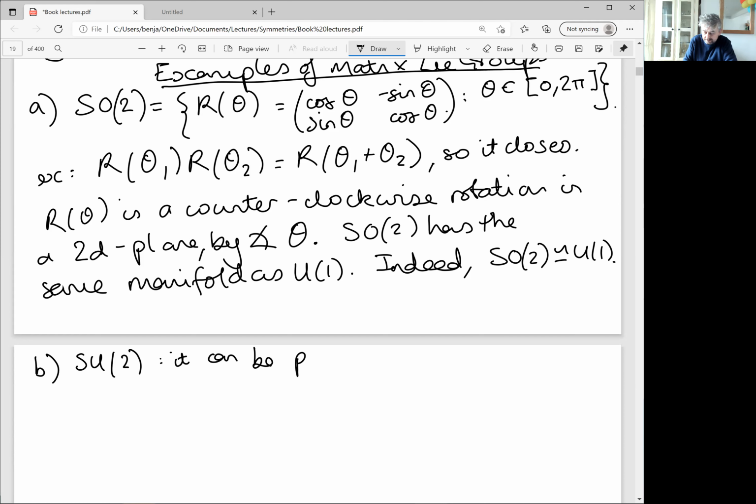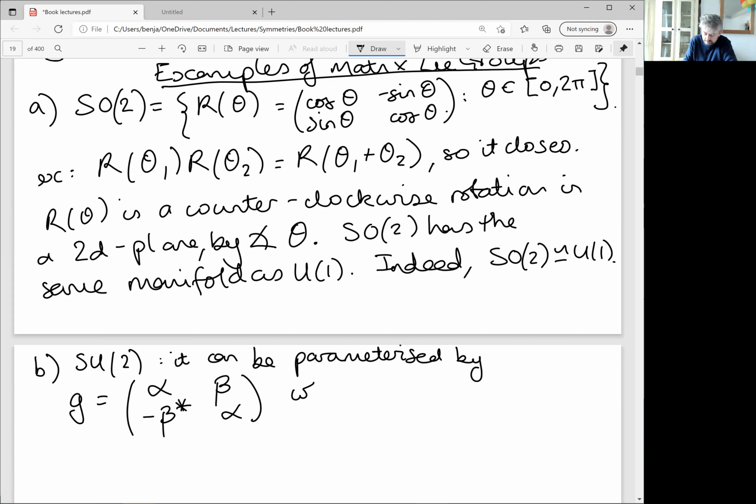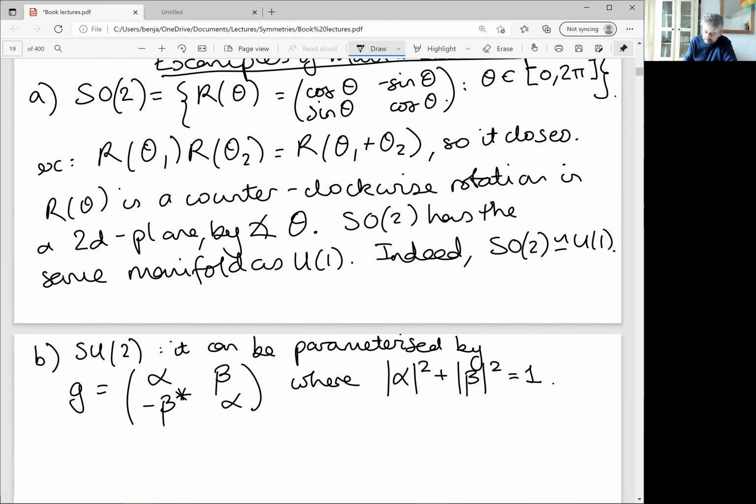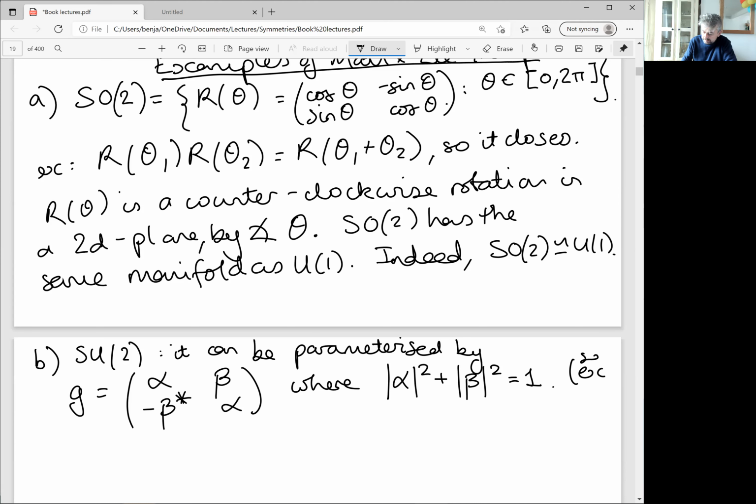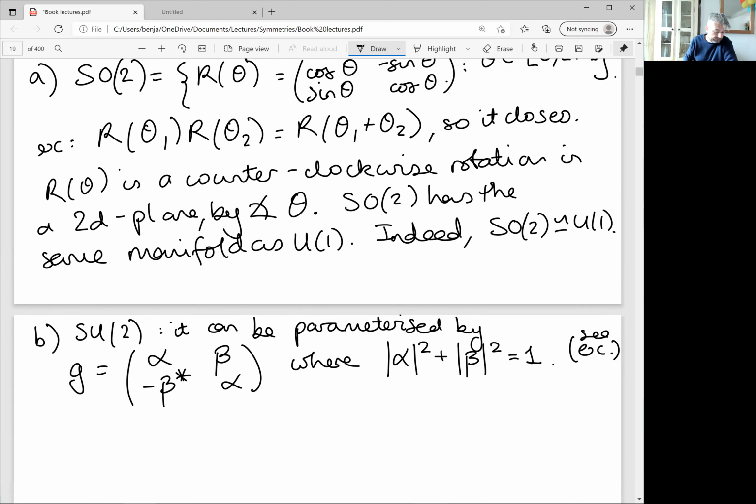So the exercise takes you through what to do to show that it can be parameterized by some group element, which is a 2 by 2 matrix, and we have complex elements like this, as long as mod alpha squared plus mod beta squared is equal to 1. See the exercise, where you can prove this.